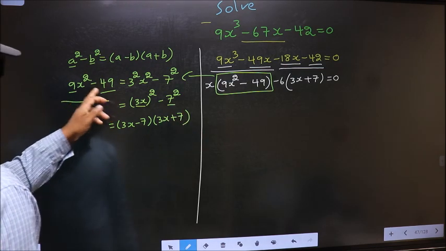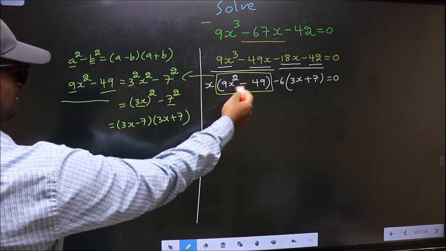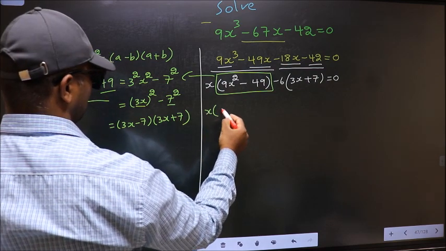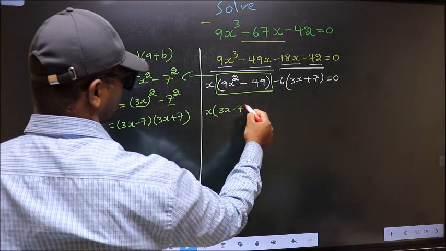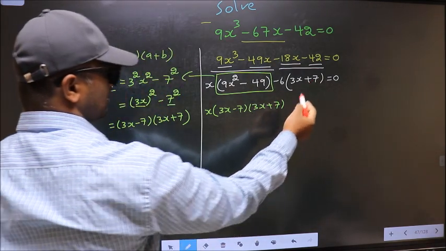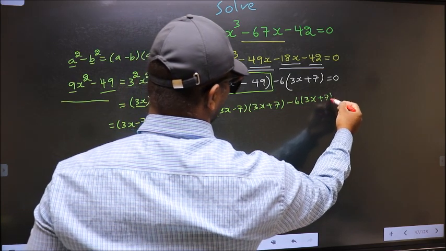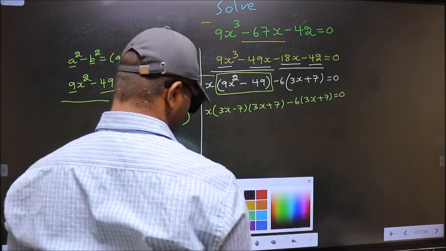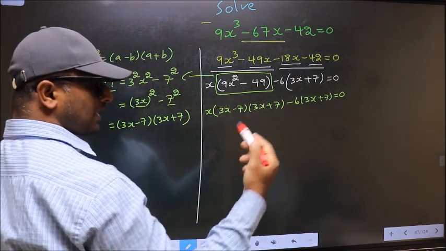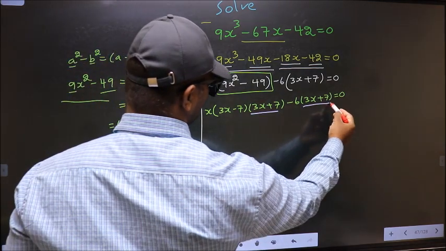Now in place of this quadratic we should write this over here. So this equation becomes x times 3x minus 7, 3x plus 7, and this no change. Next, from this entire equation, what can be taken out common is 3x plus 7.